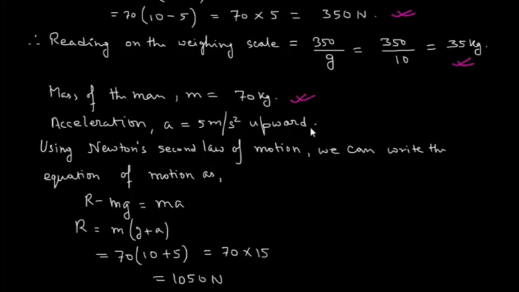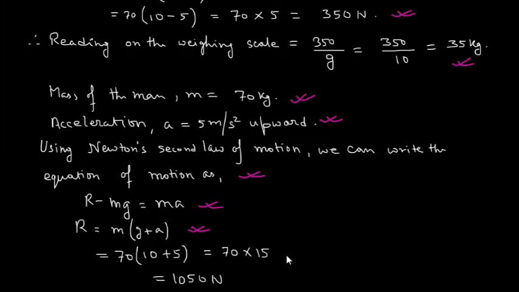Mass of the man m is equal to 70 kg. Acceleration a is equal to 5 meter per second square upward. Using Newton's second law of motion, we can write the equation of motion as R minus mg is equal to ma. R is equal to m(g plus a).